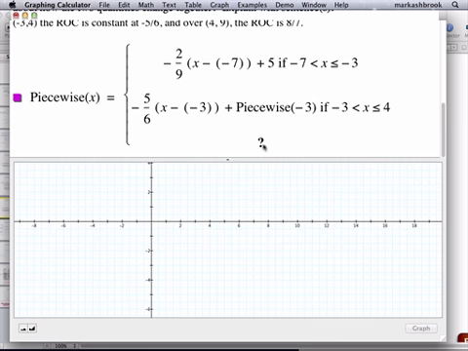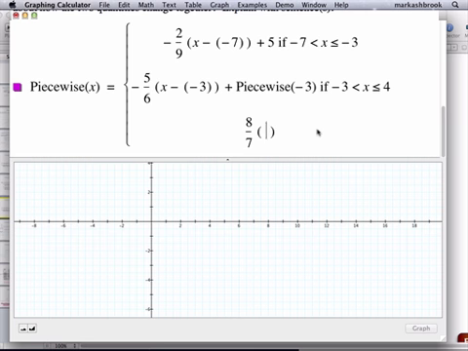Does it make sense? Okay, last rate of change, 8/7. x minus 4 plus piecewise of 4 if 4 less than x less than or equal to 9.